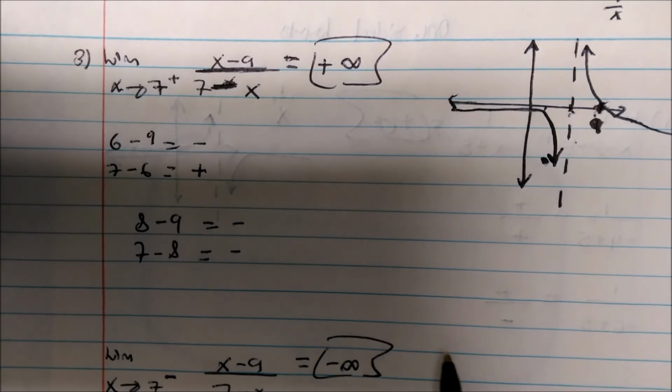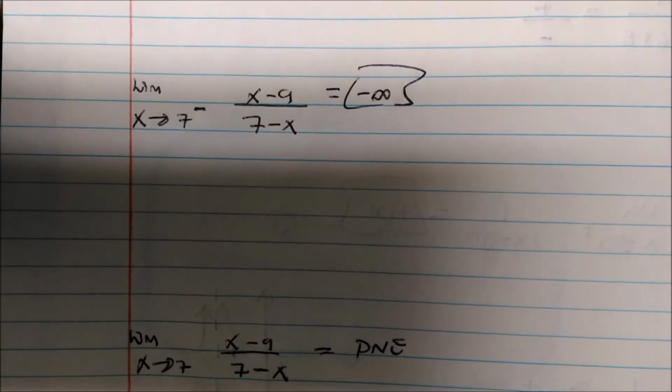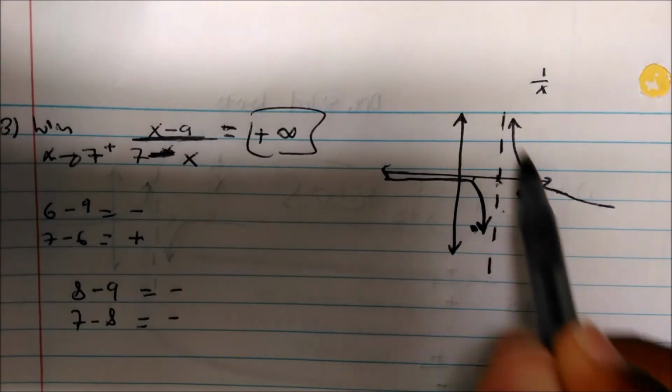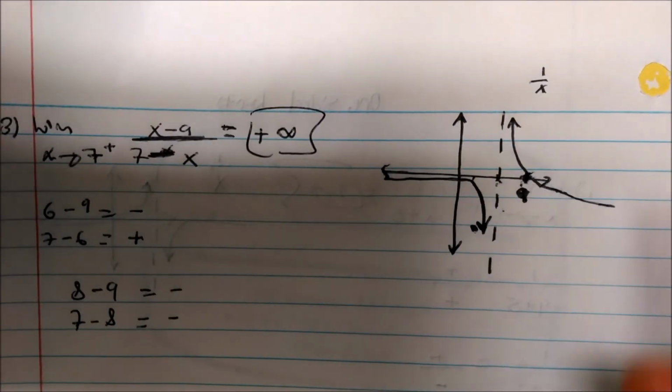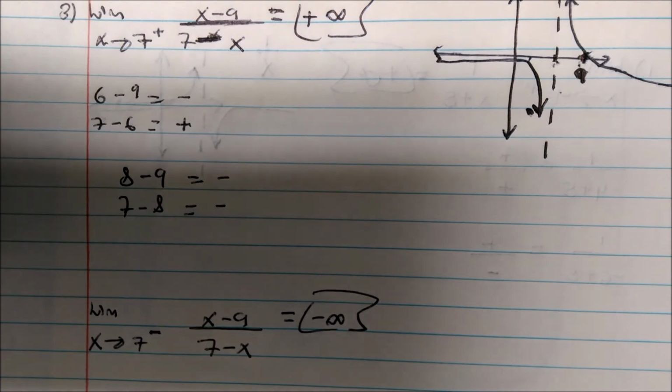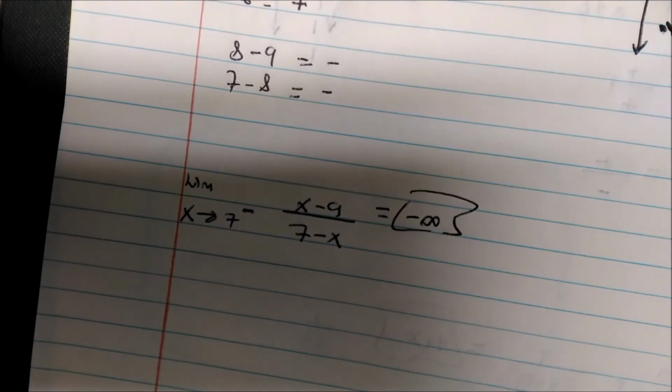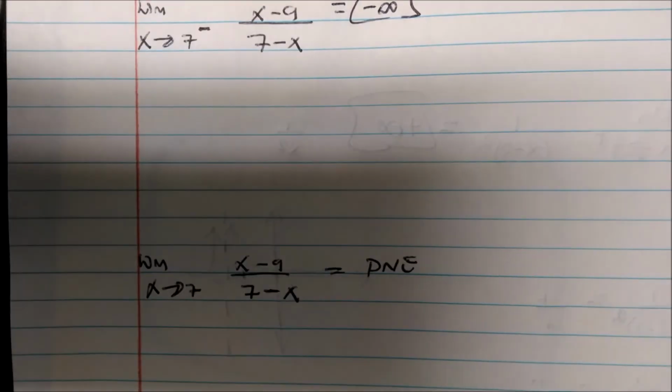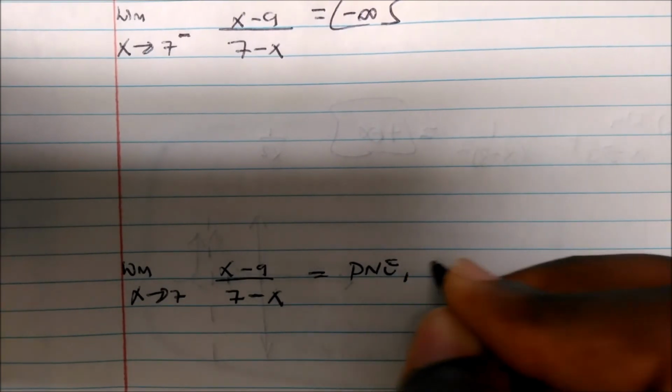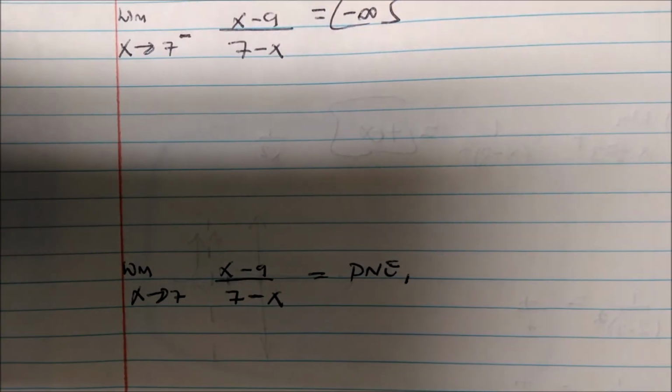But if they're asking you for the pure limit as x approaches 7, and not from the right or from the left, it actually does not exist, because the side limits do not match. One is going up, one is going down. So the graph is not continuous there, and one of the discontinuities is actually a vertical asymptote. So the limit does not exist because the side limits do not match.